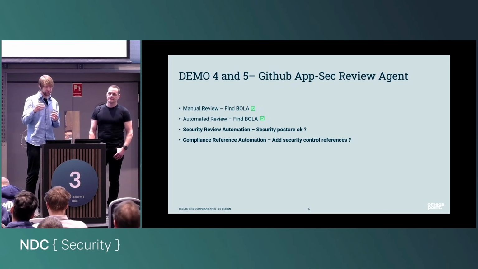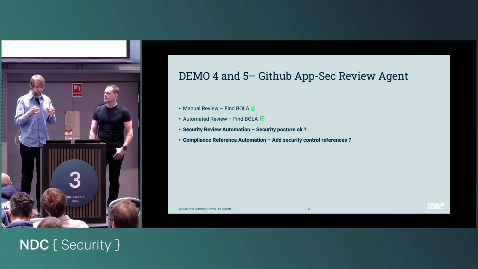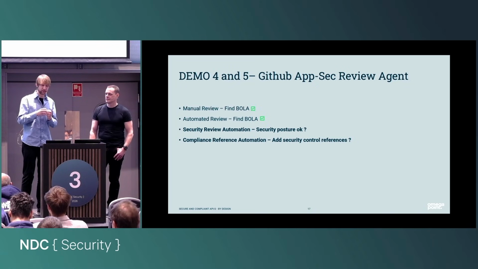And as a final step, we will try to connect this to clear compliance references. For instance, if we are in a business that has regulatory compliance, then it's good to be able to show that you are compliant, and you can connect it to your policies, so that will be the final step here.